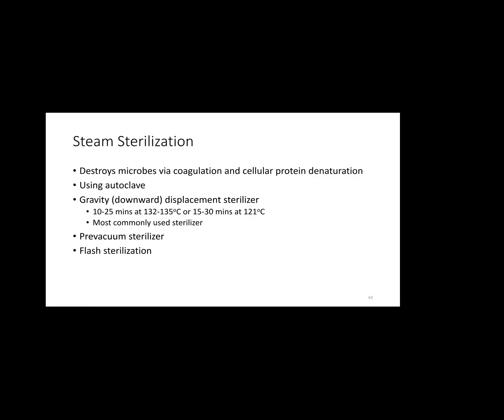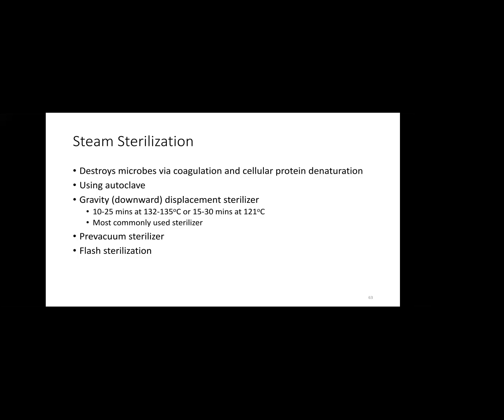Steam sterilization destroys microbes by coagulation and cellular protein degeneration. So steaming is a type of sterilization. There are certain special instruments which you'll be exposed to in the near future, hopefully, that do this job. It is what we call an autoclave machine. It bases its disinfection properties on the steaming process that takes place.